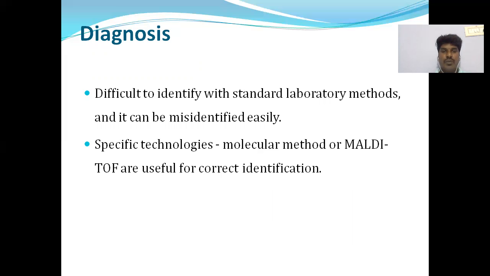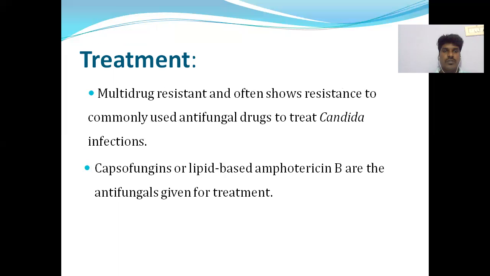It is very difficult to identify with the standard laboratory methods. Certain other molecular techniques such as MALDI-TOF and PCR methods, polymerase chain reaction, are the important techniques to identify this Candida auris.